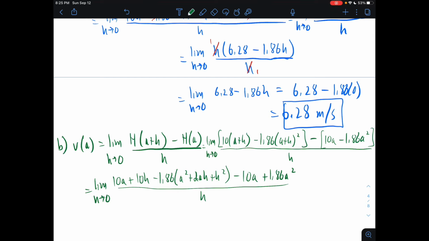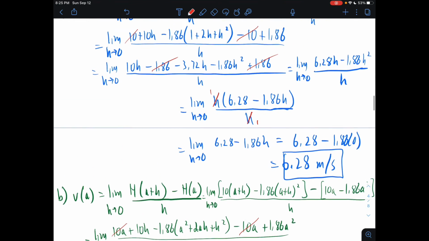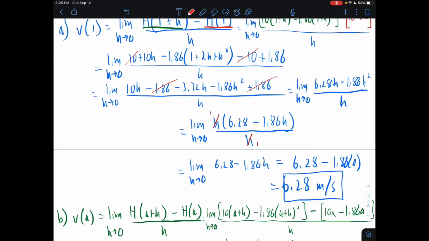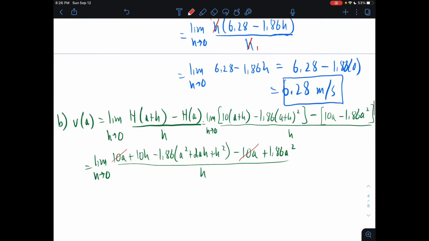And just like we had seen the 10s cancel in the previous part, because that was 10 times 1, I'll have 10a cancel out. You might also remember that we had canceled out later on the 1.86, which came from 1.86 times 1. Well, I'm going to have the same thing here, because notice this is a positive 1.86a squared, but then after I distribute the negative 1.86, I'll get a negative 1.86a squared.